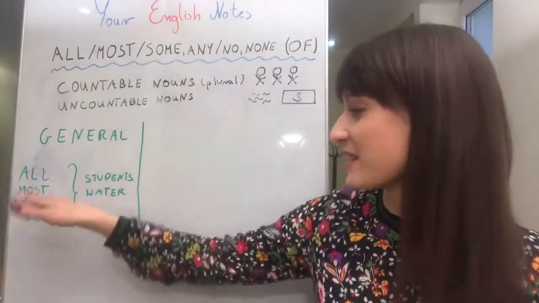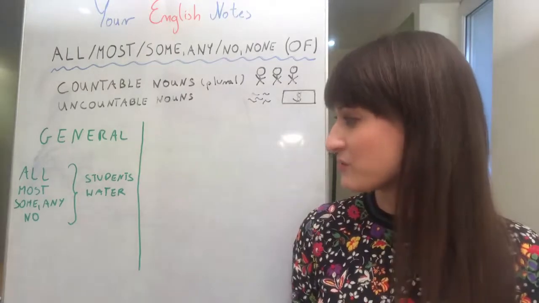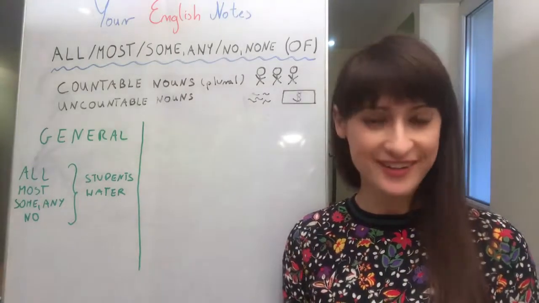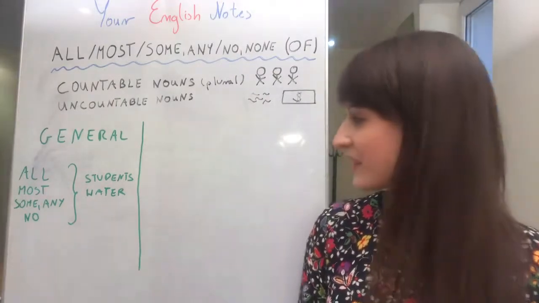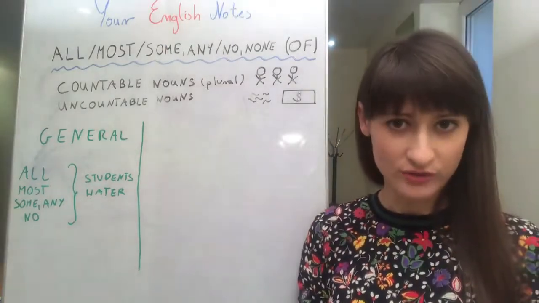Of course, any would be used in questions, so you can ask a question: Do any students like school more than parties? Generally, yes. We are not talking about any specific students. So here, these words will be used without of.